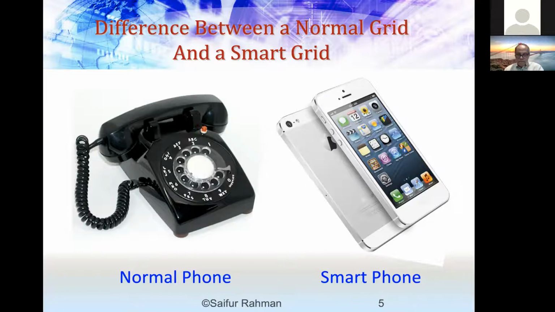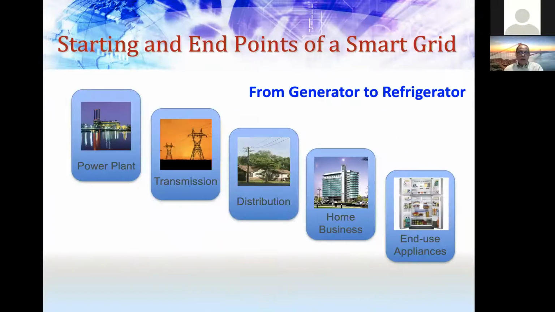Okay. Now the question is, what is the starting point and the end point of this smart grid? Of course, power supply starts at the power station. Then it has to be transmitted over long distance to make it useful at the load center.